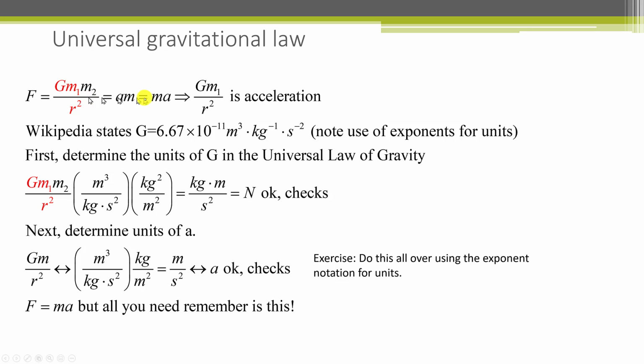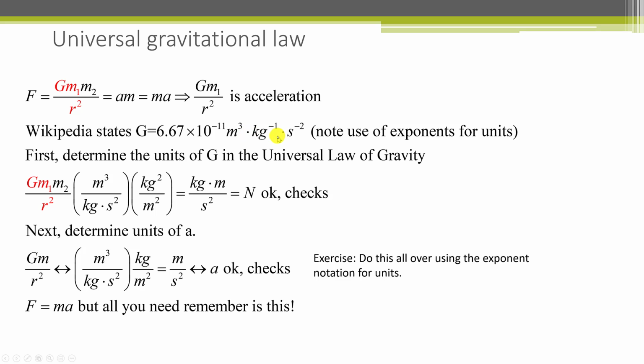This formula becomes ma, and so G m1 over r squared should be acceleration. Wikipedia states that G is 6.67 times 10 to the minus 11 meter cubed per kilogram per second squared. Note that I've used exponent notation to write this all on one line.